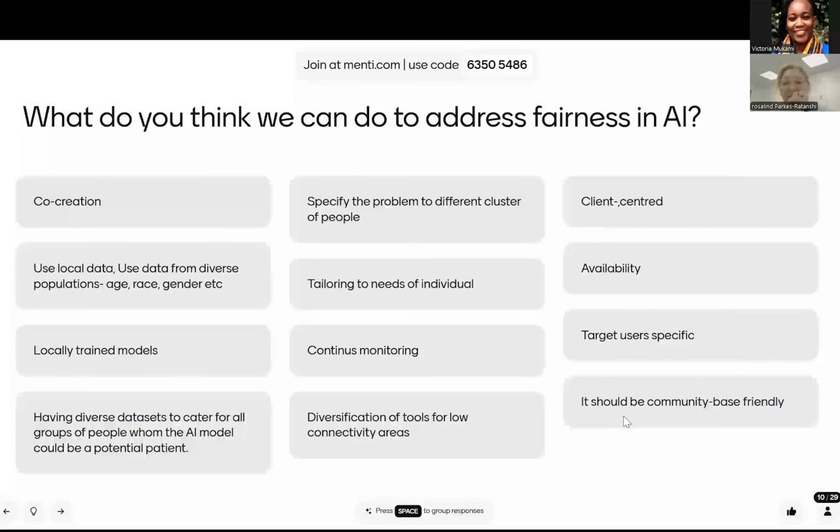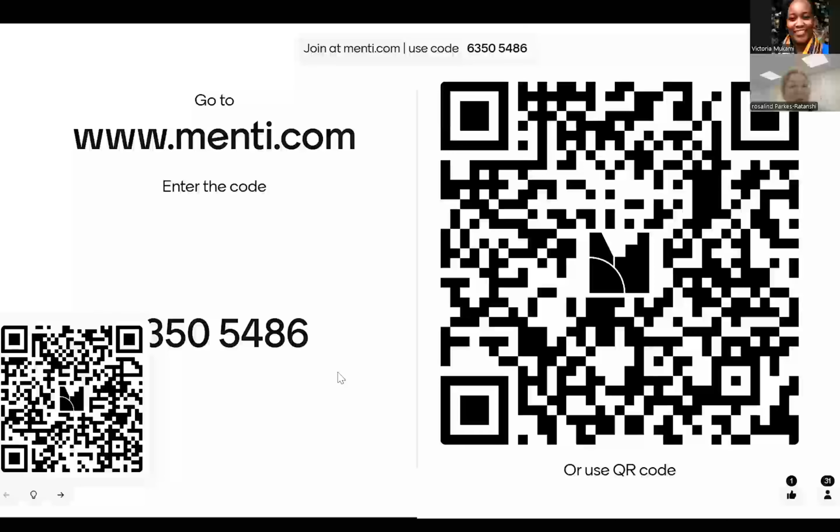So Yoti, I'm not sure that I'm pronouncing your name well. If you can just type that into Menti. Yes, let me post the link for you. One second. Okay, should I go back to the QR code, because you can copy the QR code as well. Can you see the QR code at the moment? Yes.